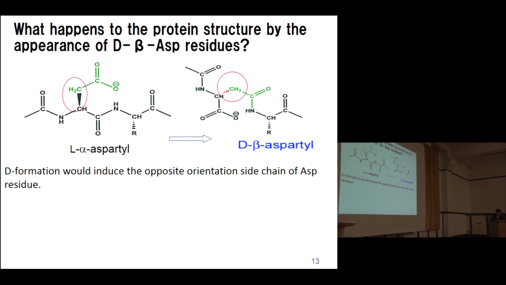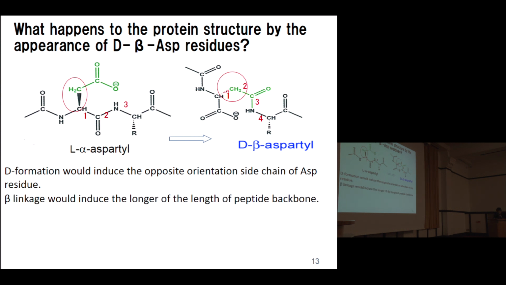This one is normal L-alpha aspartic acid. The number of bonds to the next C-alpha of the amino acid is 1, 2, 3. But in the case of D-beta aspartyl residues, it is 1, 2, 3, 4.